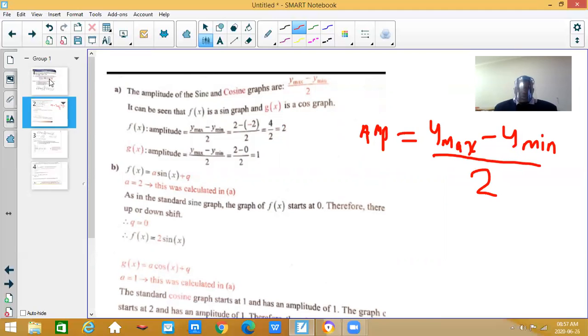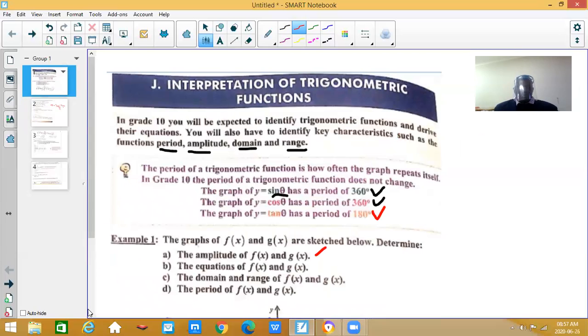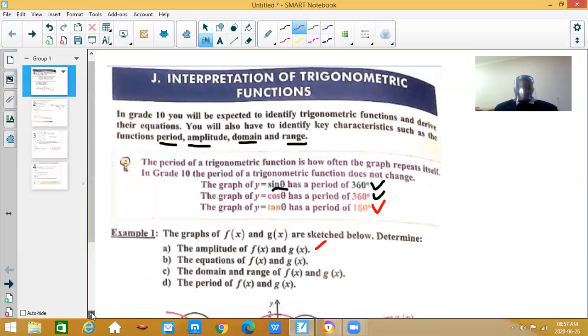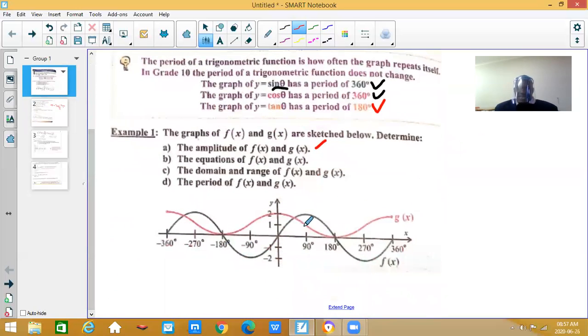We want to look at the amplitude of f(x). Basing on our graph, first of all, you identify this is the graph that we're talking about. Now, this graph is oscillating between a maximum and a minimum.